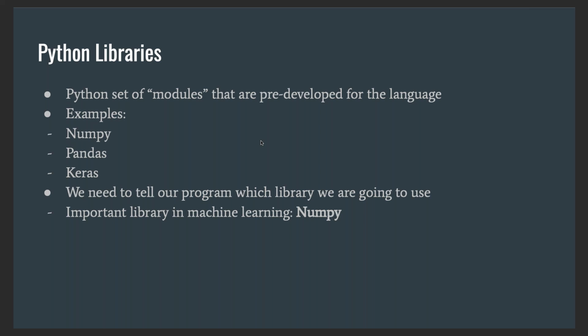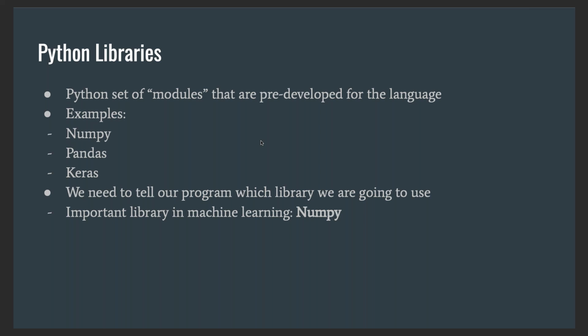There are many examples, but some are NumPy, Pandas, and Keras. Python is very unique from other coding languages such as Java, JavaScript, or HTML, in the sense that we have to tell our program which library we're going to use and what blocks of code we're going to be pulling from different strands of the language.